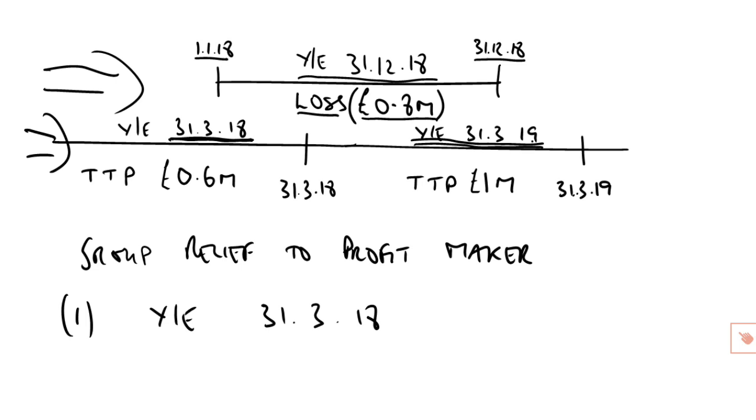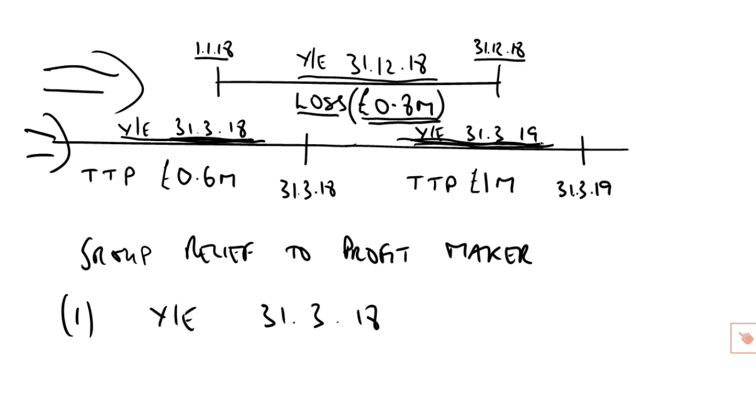I've done it there in the form of two timelines for the loss-making and the profit-making period, just so we can appreciate exactly which periods overlap. We've now got to see how much of that loss of 0.8 million may be group relieved against, firstly, the profits of the year ended March 18, and then the profits of the year ended March 19.